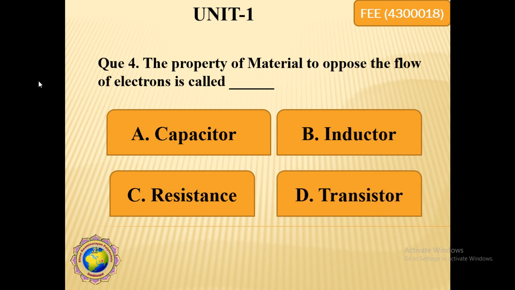Again I repeat. The property of the material to oppose the flow of electrons is called A capacitor, B inductor, C resistance and D transistor.